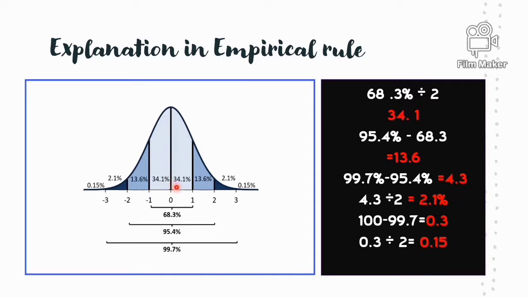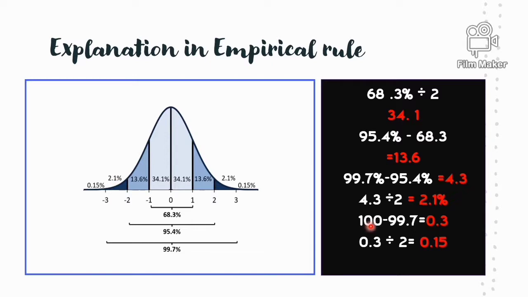That's why it's 34.1 and 34.1. 95.4% minus 68.3 gives 13.6, and the other side is also 13.6. Negative 3 to positive 3 is 99.7. 99.7 minus 95.4 is 4.3, and 4.3 divided by 2 is 2.1%. So we have 2.1% here and 2.1% here.